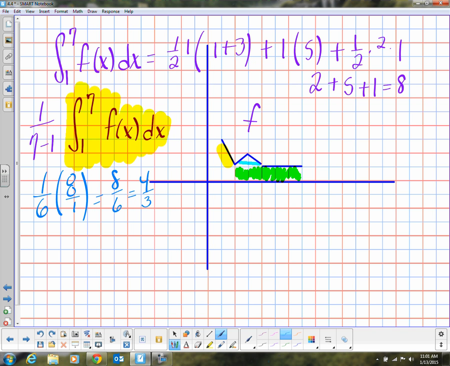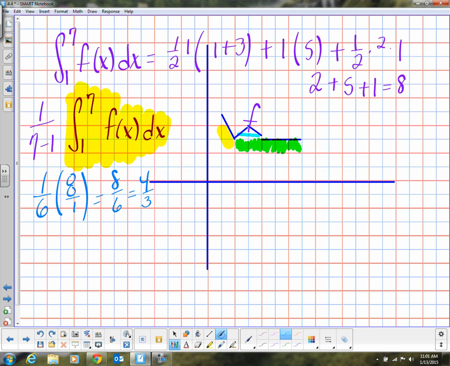That's part B. Determine the answers to part A and B if the graph is translated 2 units up. So if I move this up 1, 2, and this up 1, and this up 2, and this up 2, and this up 2, do you agree that what I have here is what we had before?